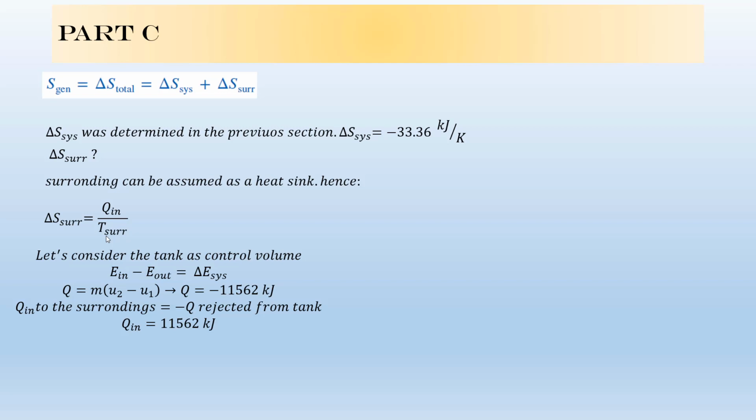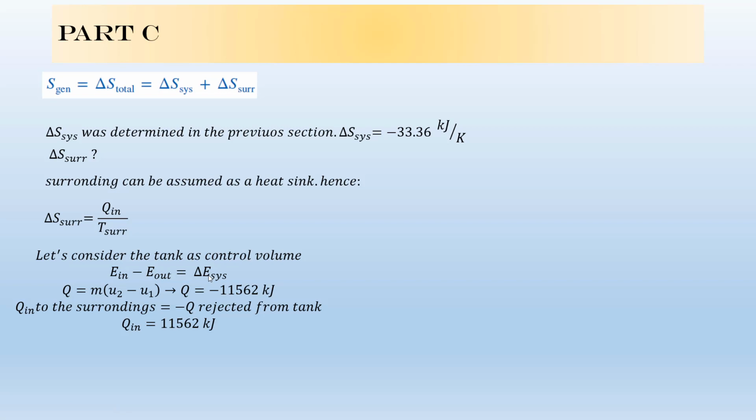To find the Q in, you can calculate the Q out from the rigid tank. If you write the energy balance for the rigid tank, we can write E in minus E out equals the delta E for the system.